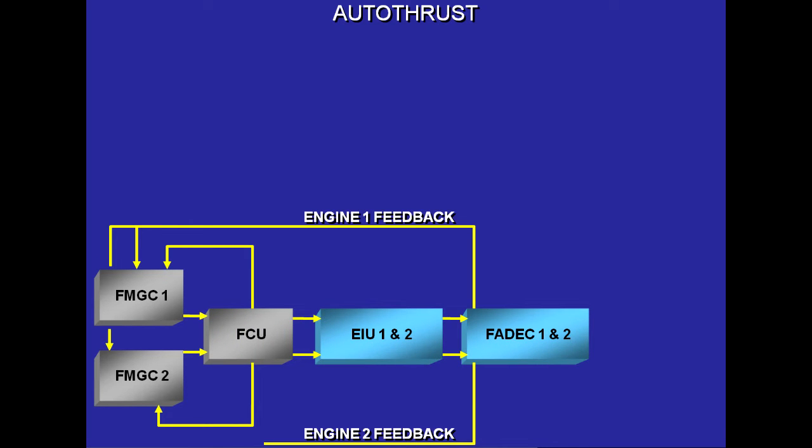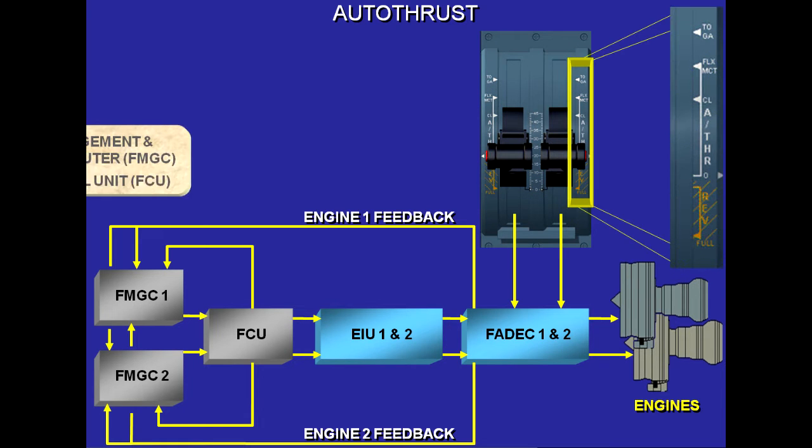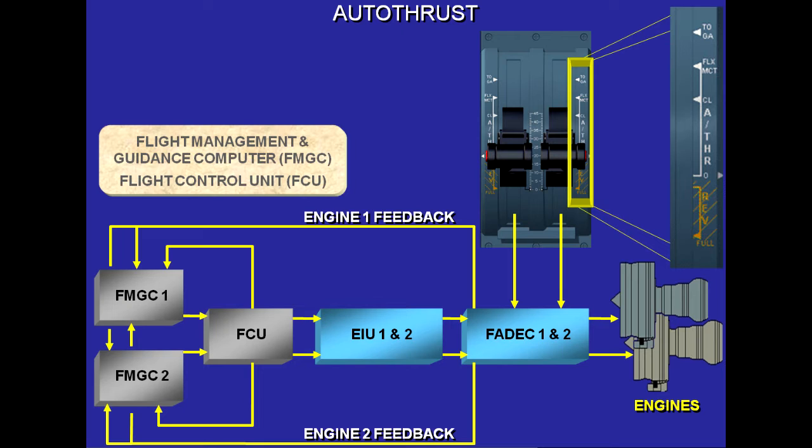The autothrust system ensures the following functions through the control of the thrust: speed or Mach hold, either FMGCs computed or from thrust levers position; thrust hold, either FMGCs computed or from thrust lever position; thrust reduction during descent and during flare in final approach; protection against excessive angle of attack.